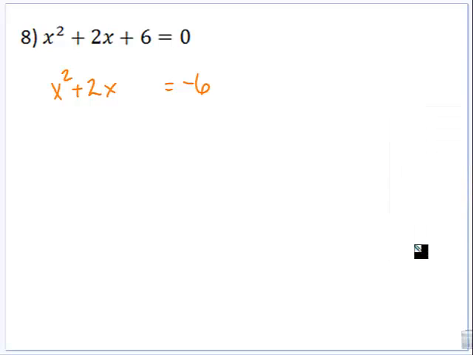To complete the square here, we would add 1 to both sides. 2 divided by 2 is 1, 1 squared is 1. So now this will factor to x plus 1 squared, is equal to negative 5.